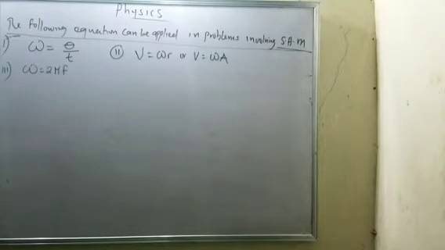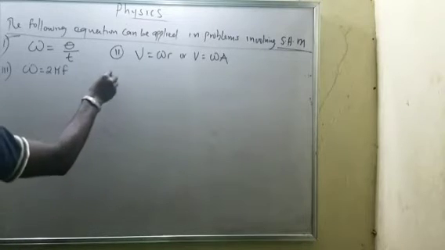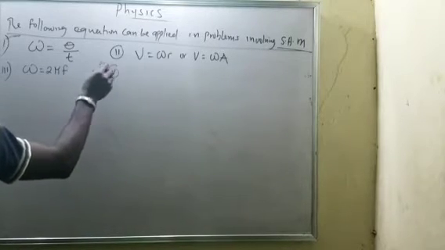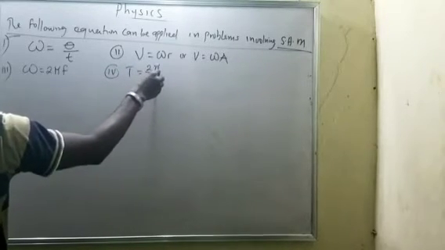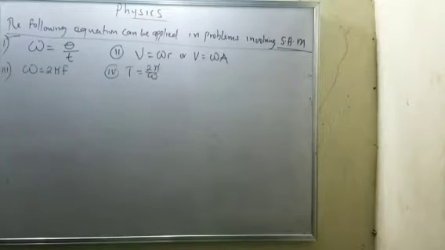Now, I can also say that my period equals 2 pi all over what? Angular velocity.